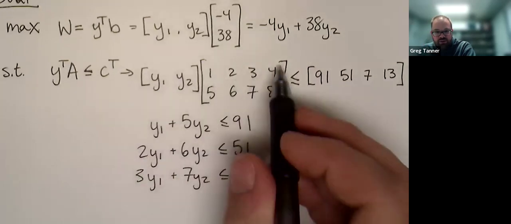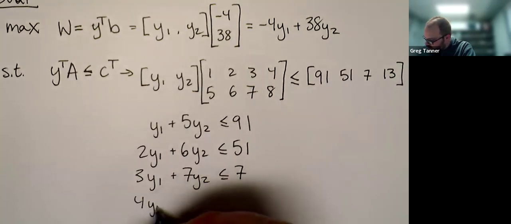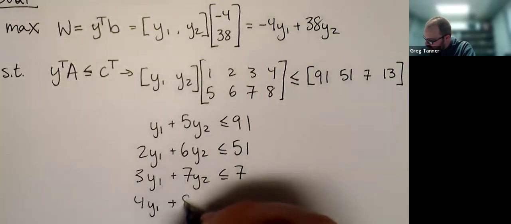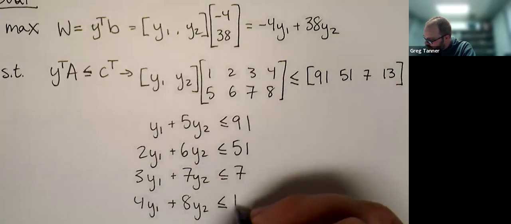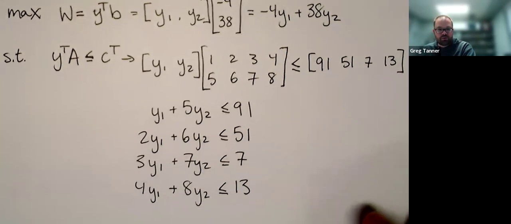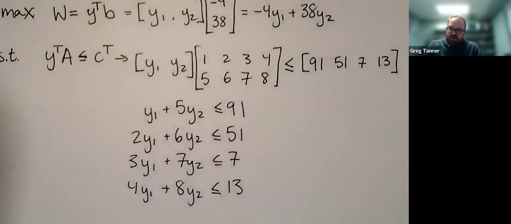And then we do it times the fourth column, and we get 4y1 plus 8y2 is less than or equal to 13. Okay, and so those are our new constraints, if we write them out as inequalities instead of as a matrix of inequalities.